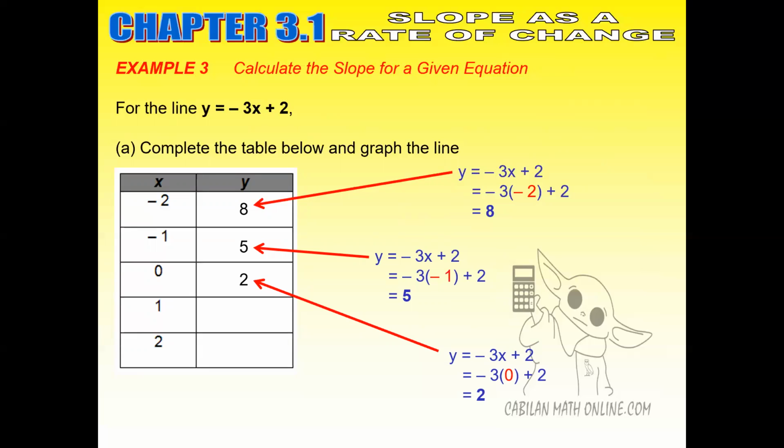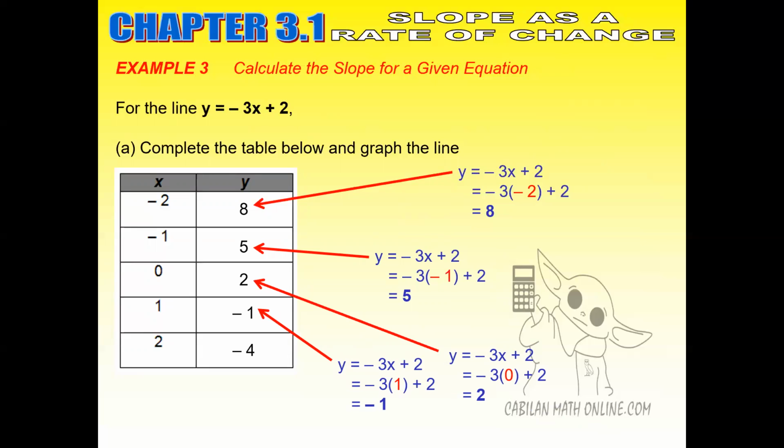As you can see, all we've done is replace the values for x, put them into the equation, and solve, which gave us the y. For the next two, we take the 1 and replace it for the x. That will give me negative 1.